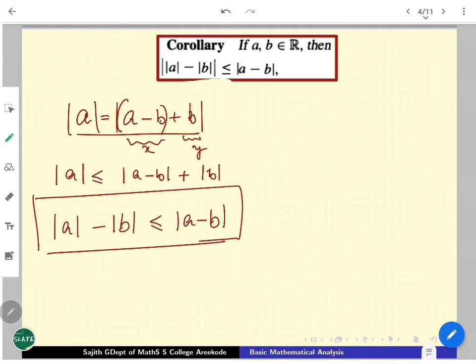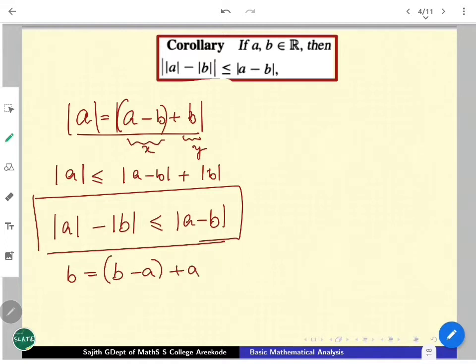So this is one side I'm going to get. But that is not the full side. The other side is also needed. Why I'm talking about the other side will be clear in the next couple of minutes. If I am rewriting in the same fashion, instead of a, I can start with b here. So if I'm looking at b, I can rewrite again b minus a plus a.